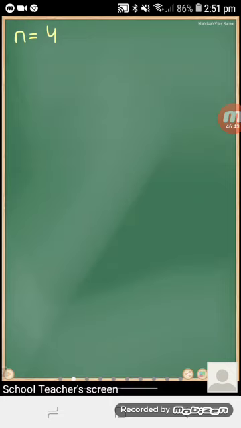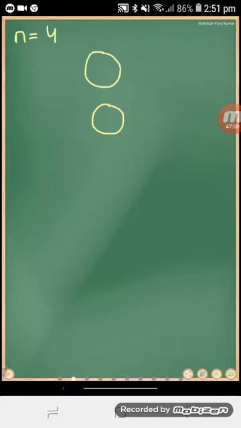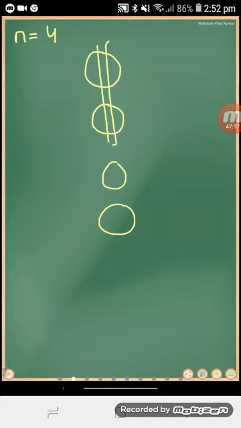Now if I take n equal to 4, for n equal to 4, both of them can have 2 each, that is equal to the upper block.